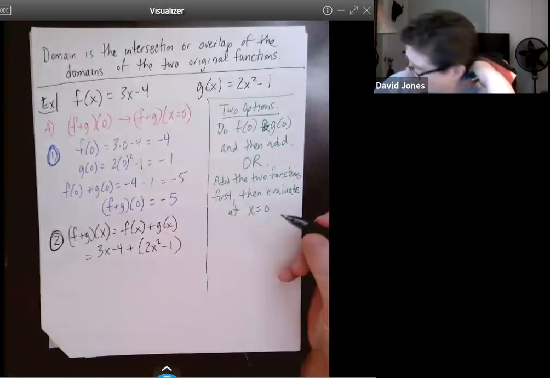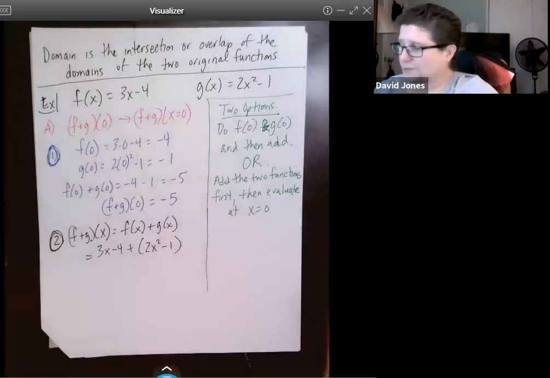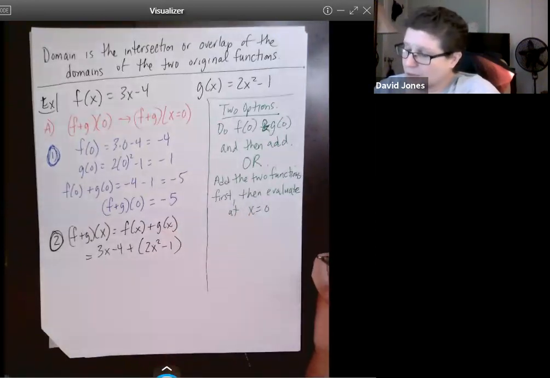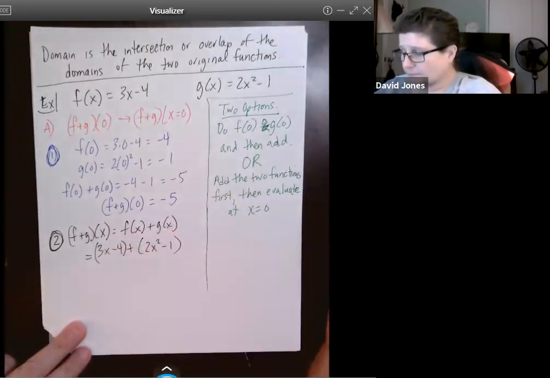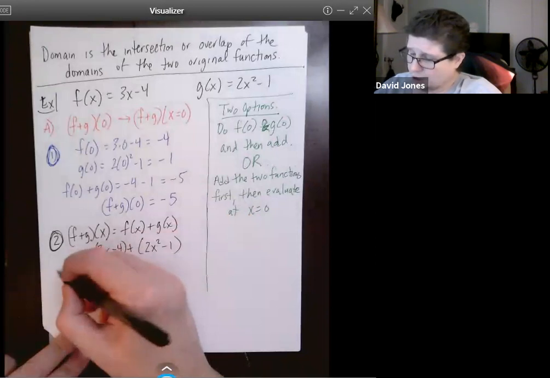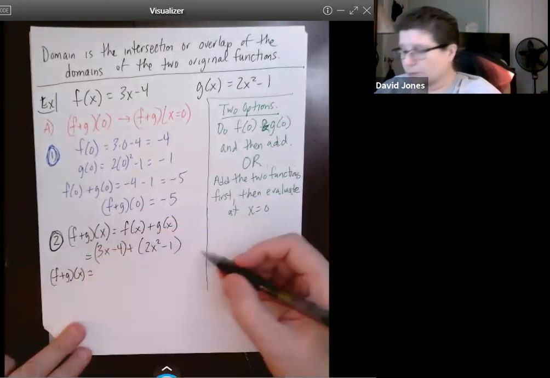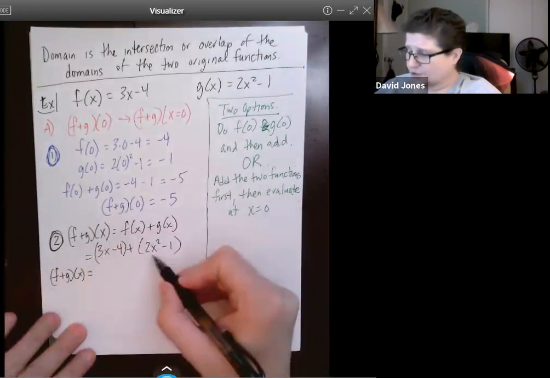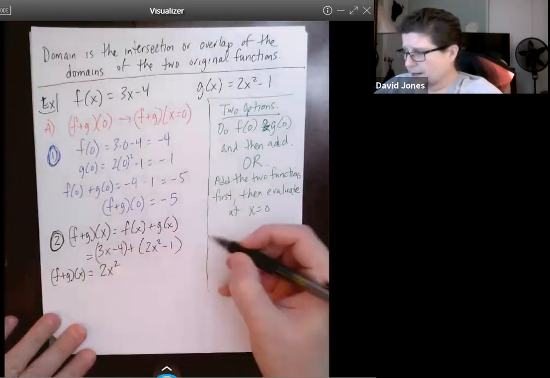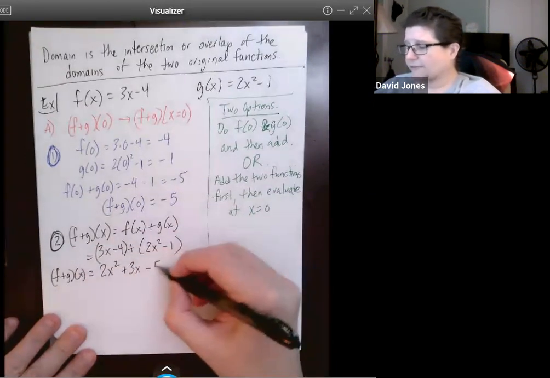The reason why I'm doing it is it doesn't really matter with the plus sign, but if you're doing subtraction, you're going to need to distribute the subtraction. And I'd rather you be in the habit of it now. In fact, maybe we should put parentheses around that one. So f plus g of x equals, I'm going to put them in descending order by exponent. I've got 2x squared, and then plus 3x minus 5.